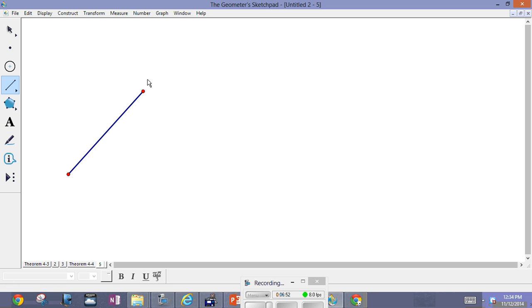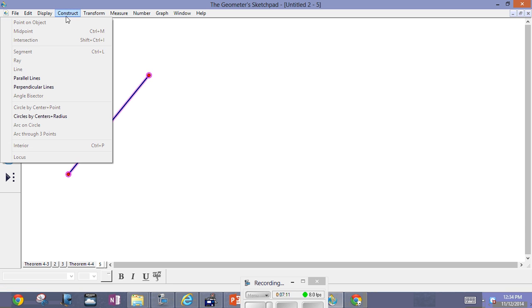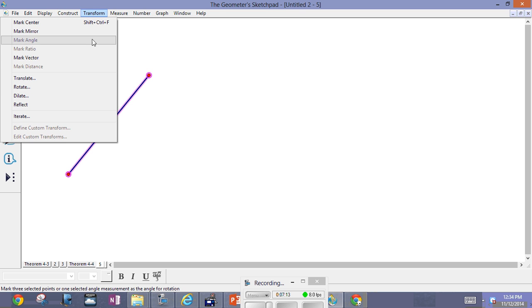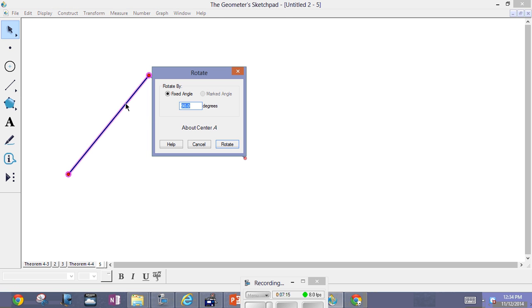Okay, so we just said you could draw a segment and then mark one of the endpoints as a center. So you can construct an isosceles triangle, right? Mark that. Then transform, rotate by some measure. It's up to you. 90 is fine.